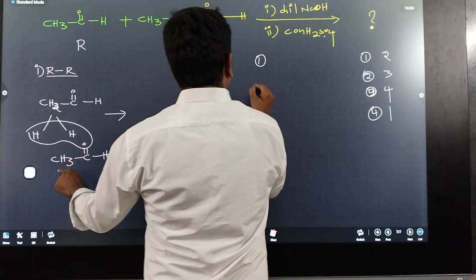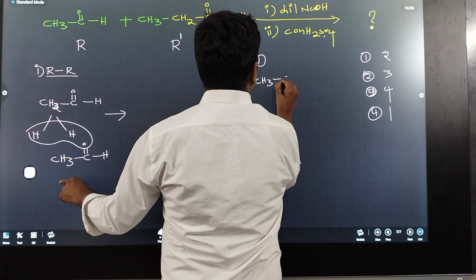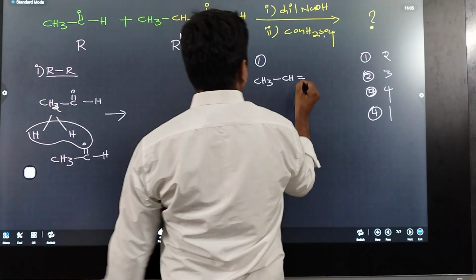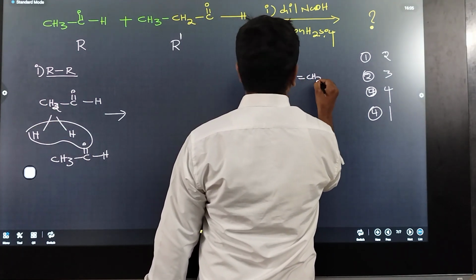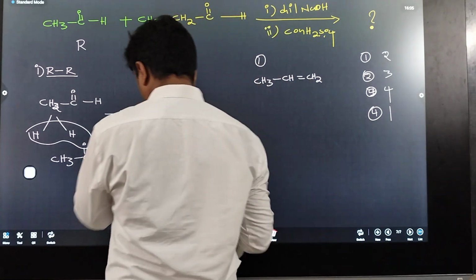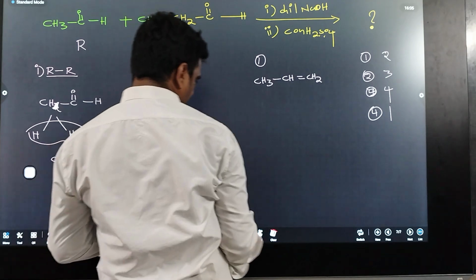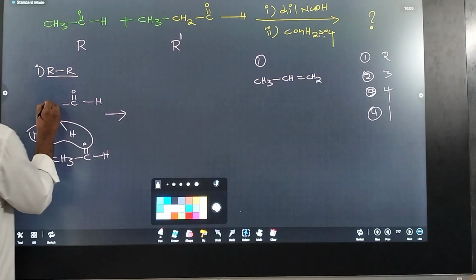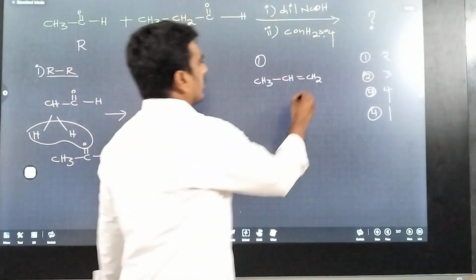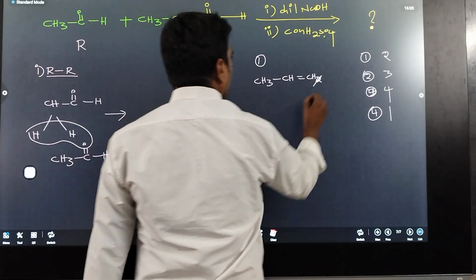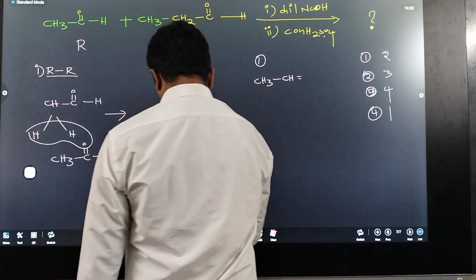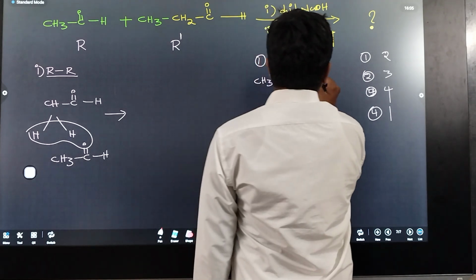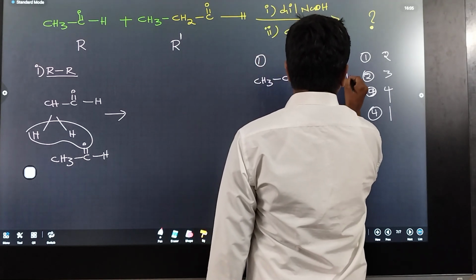So the first product is CH3 CH, double bond between these 2 carbons, CH, C double bond OH.